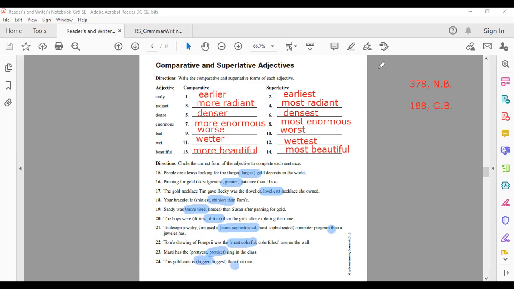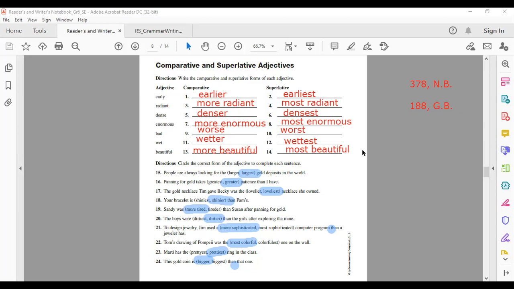Okay. If you finish, go and open the grammar book on page 188. Okay, I'm done. Go to the grammar book then. Did you finish?